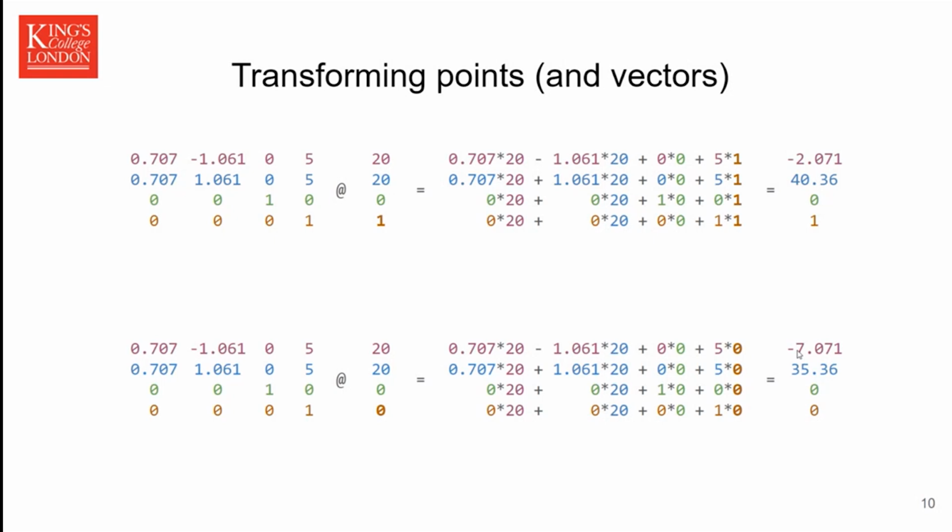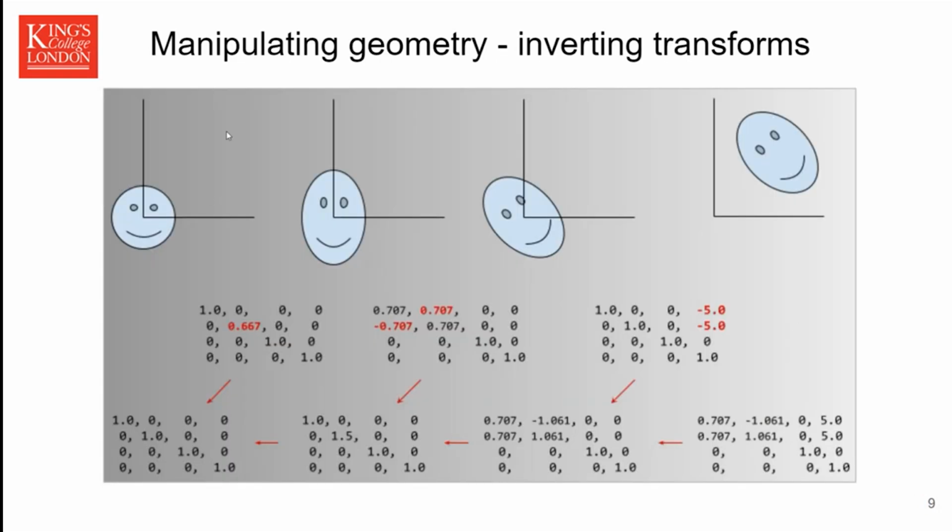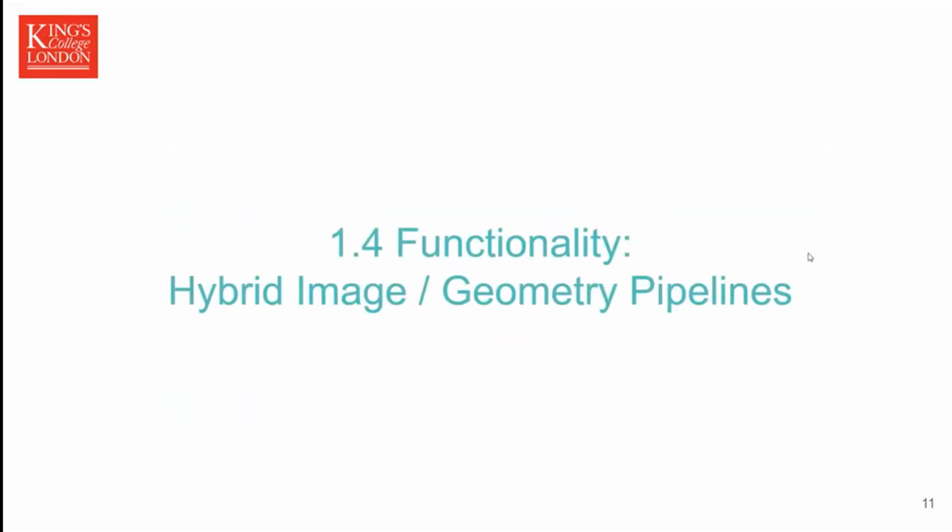So the point ends up at minus 7, 35. And so if we imagine 20, 20 is up here, then minus 2, 40 is somewhere over here. So it's in the appropriate expected location. So that's a whistle-stop tour of the way geometry transforms tend to be specified.